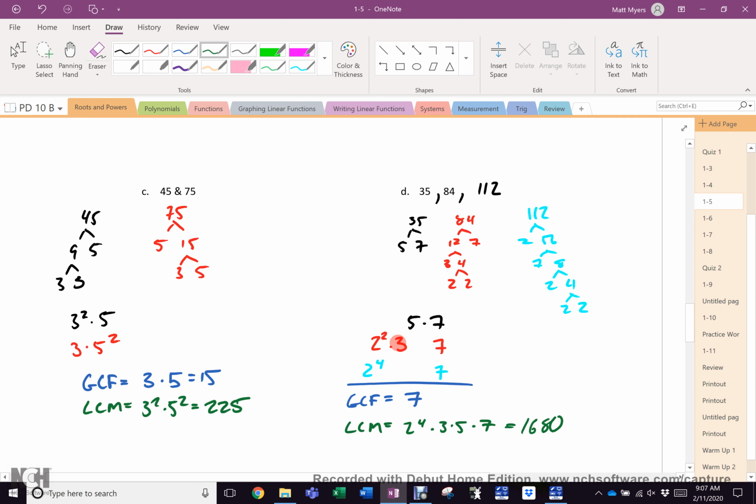So 3 can't be part of the GCF because 3 doesn't work with 35 or 112. 5 only works with 35, so it can't be 5. It had to be 7. Everybody understand? Now, what if this was 70? Now what would I have right here?